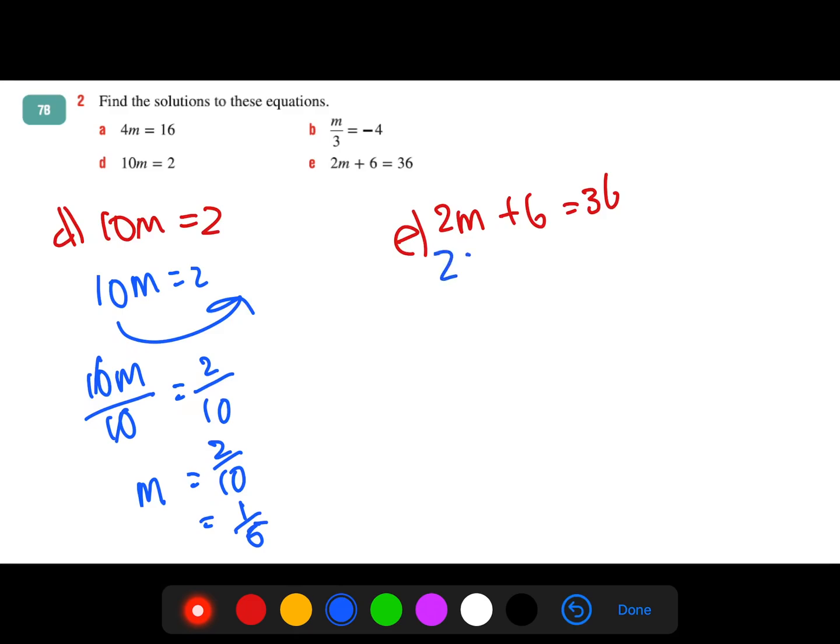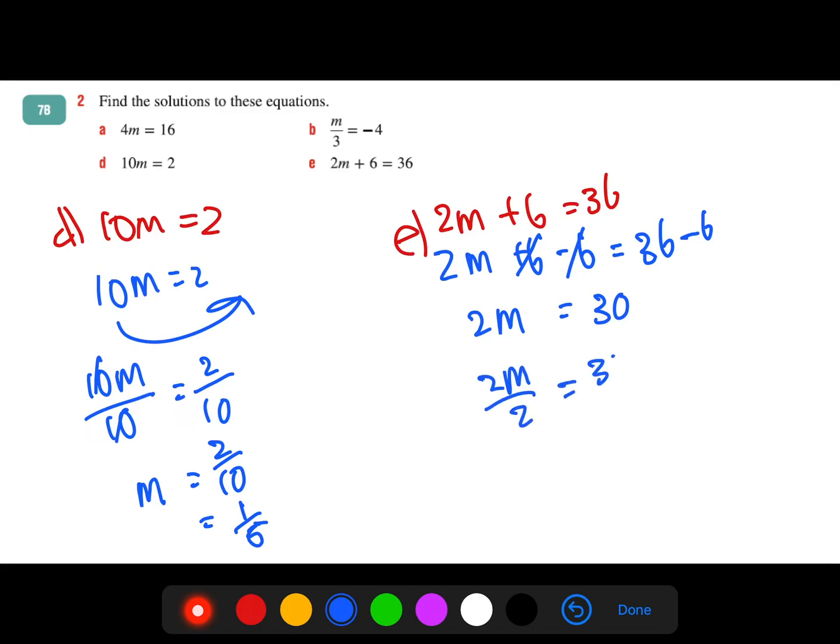So I'll do 2m plus 6, and I need to move it to the right-hand side, so I will do minus 6 is equal to 36 minus 6. Now these will cancel out, so we'll be left with 2m is equal to 36 minus 6, which equals 30. Now I'll need to divide this by 2. Whatever I do to one side, I need to do to the other. These will cancel out, and I'll be left with m is equal to 15. So this is how you will solve your equations algebraically.